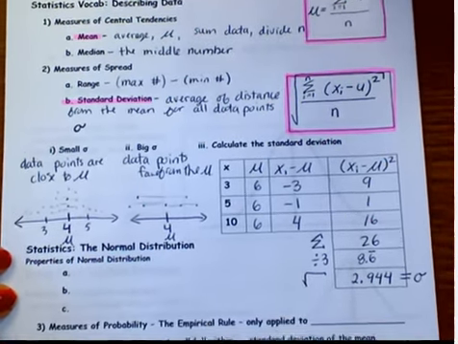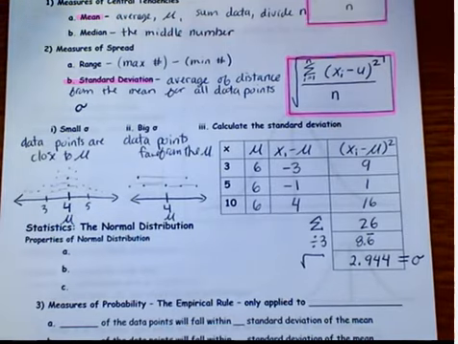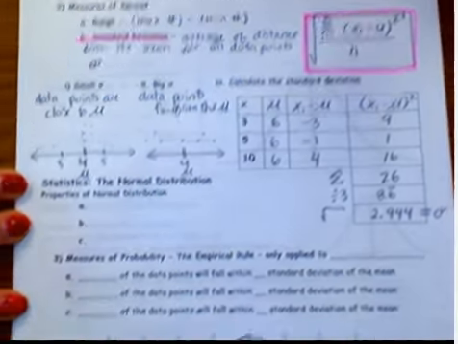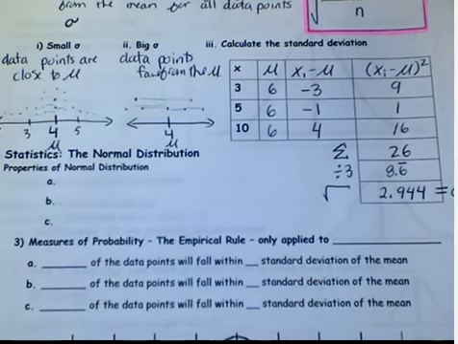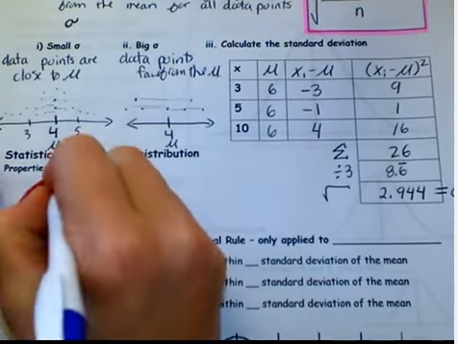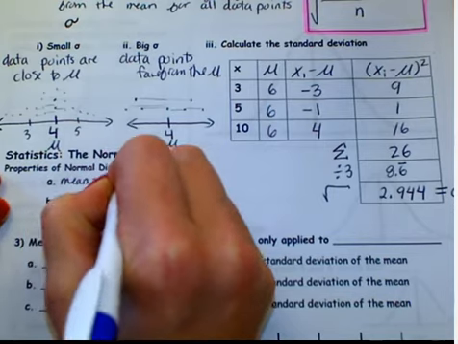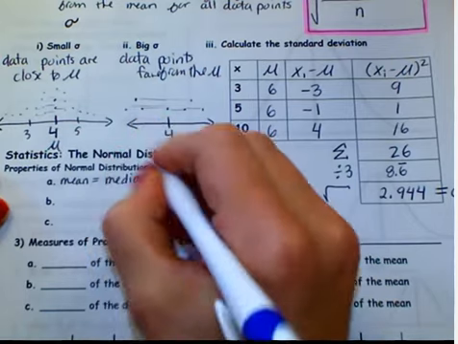All right, let's move ahead a little bit, and we're going to look at statistics, not describing the data, but we're going to look at something called the normal distribution. There's three properties of the normal distribution. The first one is the mean equals the median, meaning the average is actually the middle number.